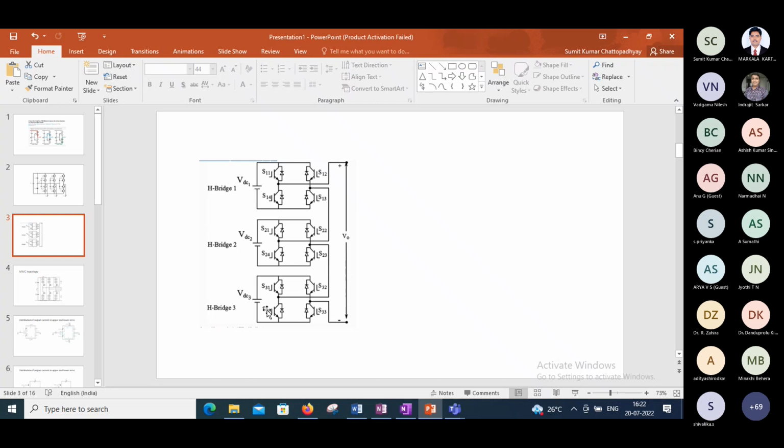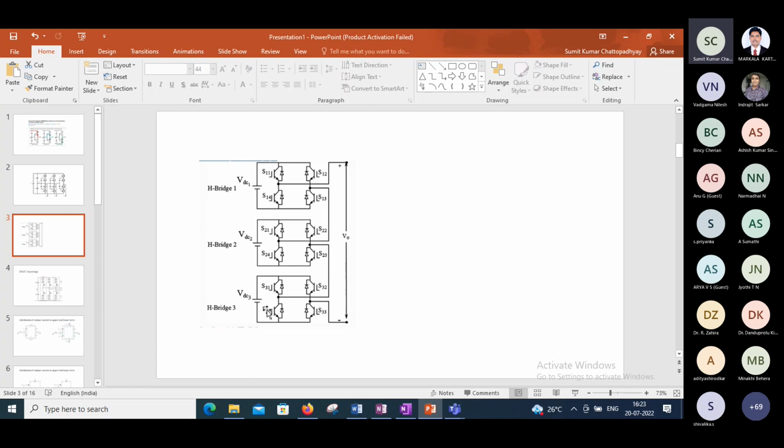Suppose there are 16 cells of 20 kilovolt. Or I can say 16 cells in a modular multi-level converter, 16 cells per arm.